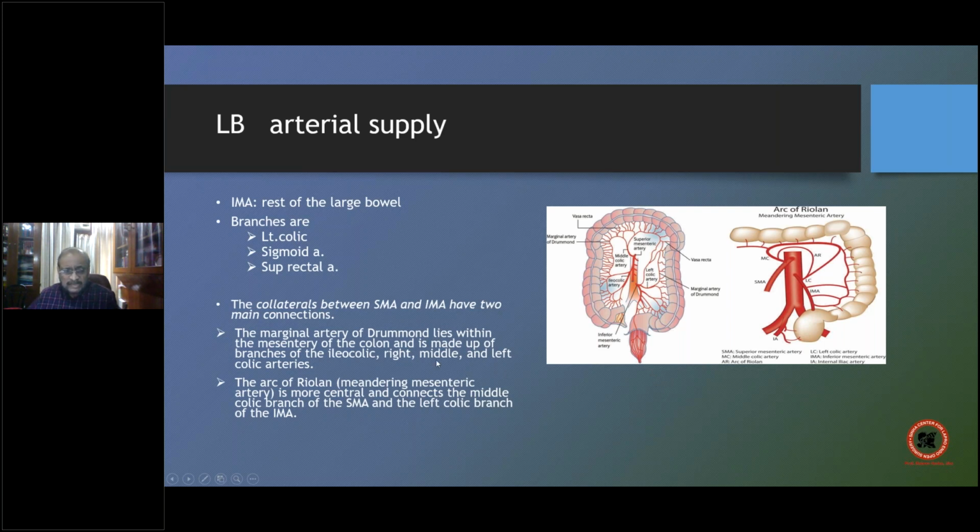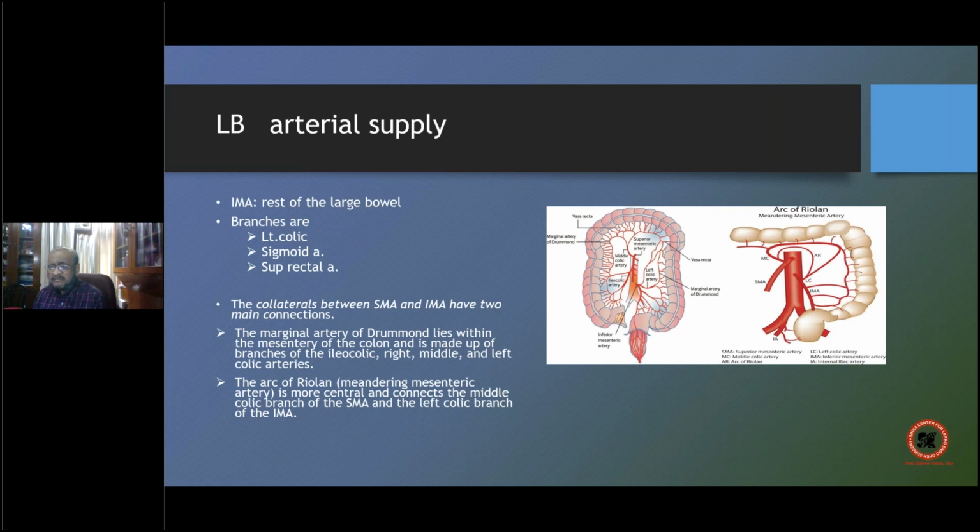Now, the collaterals between the superior mesenteric and the inferior mesenteric, I think we had also specified last time. Number one is the marginal artery of Drummond, and number two is the arc of Riolan, which is the meandering mesenteric artery. Here you can find the connection between the inferior mesenteric to the left colic, and the superior mesenteric to the middle colic. So the middle colic and the left colic are communicating with each other with a branch, and that branch is the arc of Riolan.